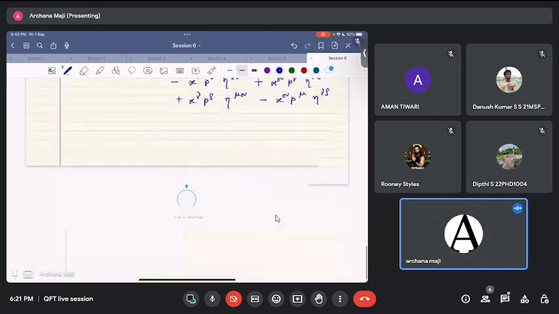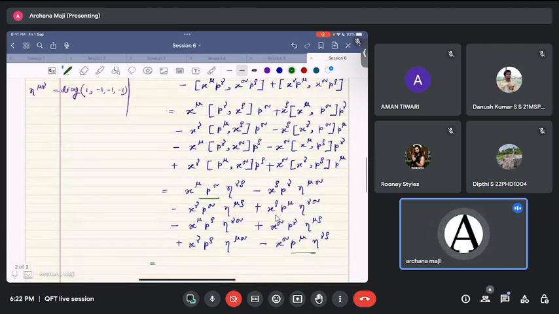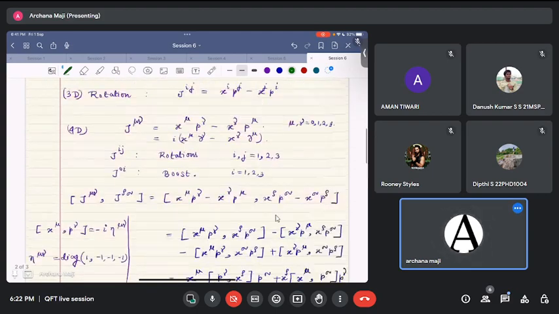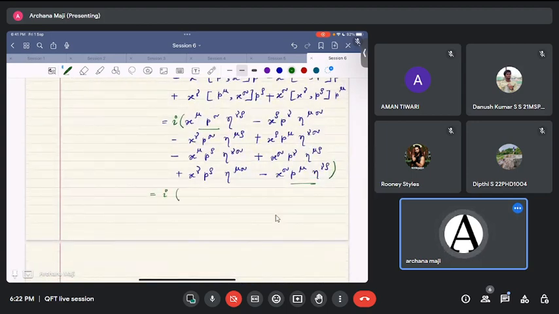Okay, so let's see. So this term along with this one will give us, so let's underline, these two terms will give us, okay, I forgot to write I everywhere, so I is multiplied. So those two terms will give us j mu sigma eta nu rho.